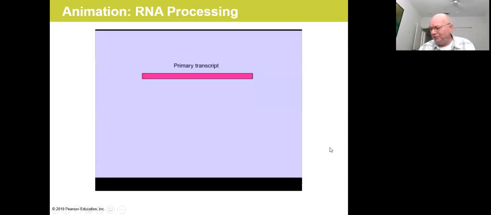So this animation shows you the variation in exon splicing. So that's what this animation is all about. So you can take a look at that one.